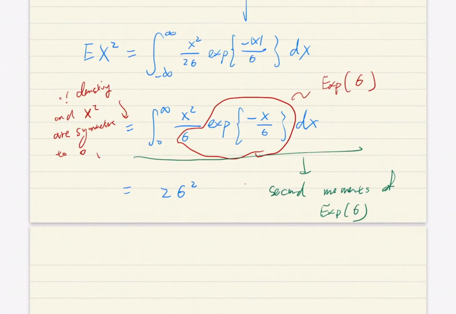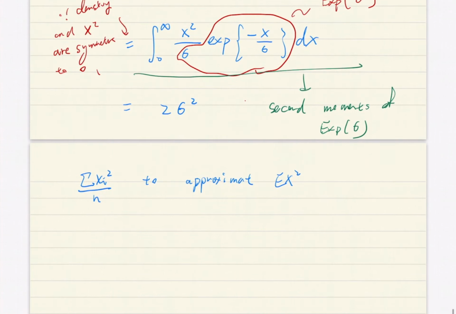And now we use this to approximate the second moment. So we can get this equal to 2 sigma hat method of moments with power 2.